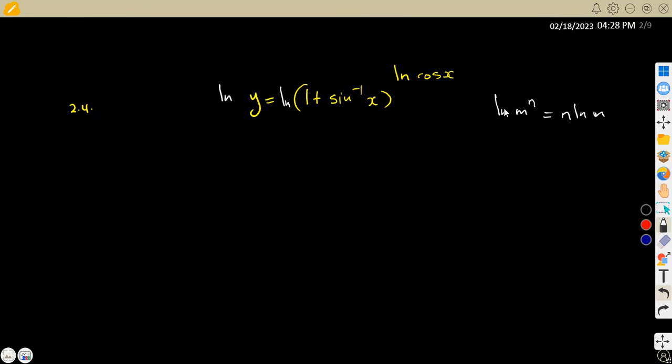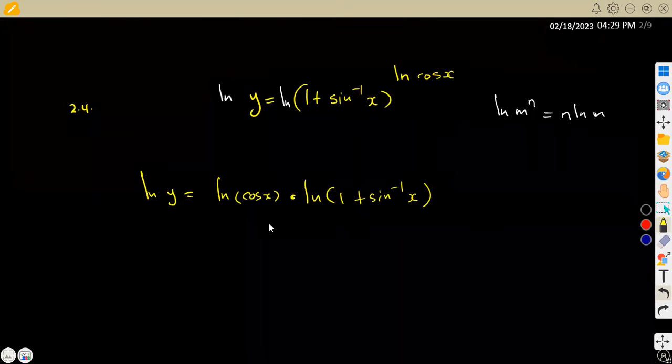So you can drop this exponent. We are going to have ln y equal to ln cos x times ln of 1 plus arcsine of x.